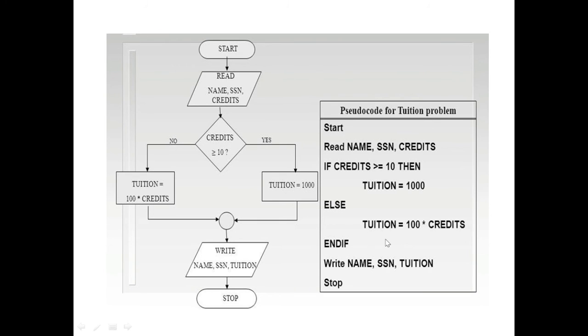End if marks the end of all the conditions and the future course of action you are going to take after one of the conditions is fulfilled. Now, any type of statement which doesn't involve any input output functions or any decision making will be enclosed in a rectangular box.